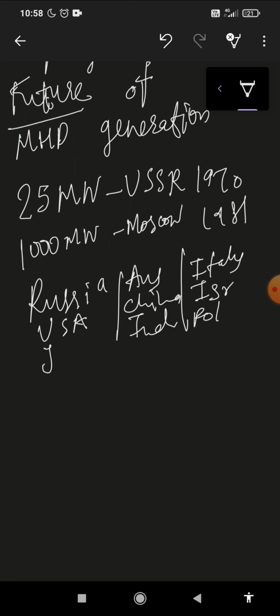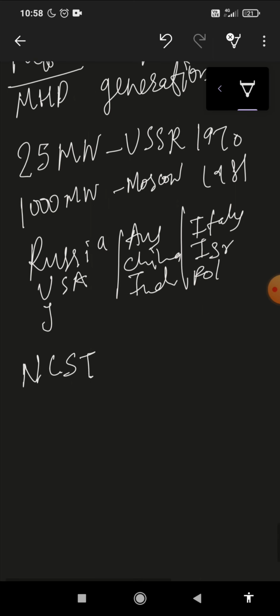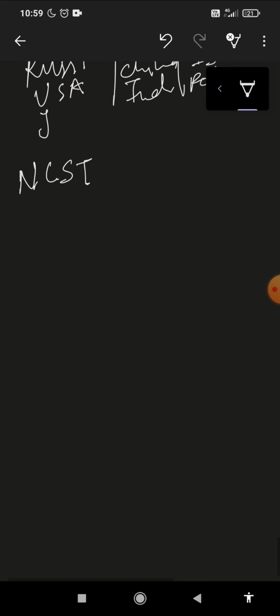In India also, considerable studies have been carried out in the field by a team of scientists under the National Council of Science and Technology, that is NCST. The Department of Science and Technology of Government of India has sponsored a research and development program on coal based MHD power generation.